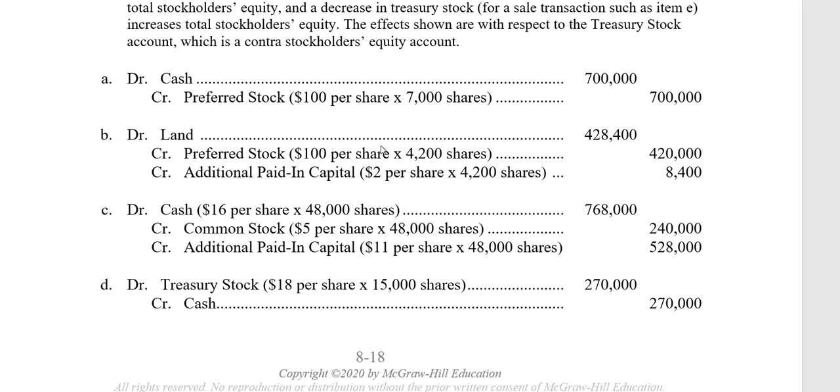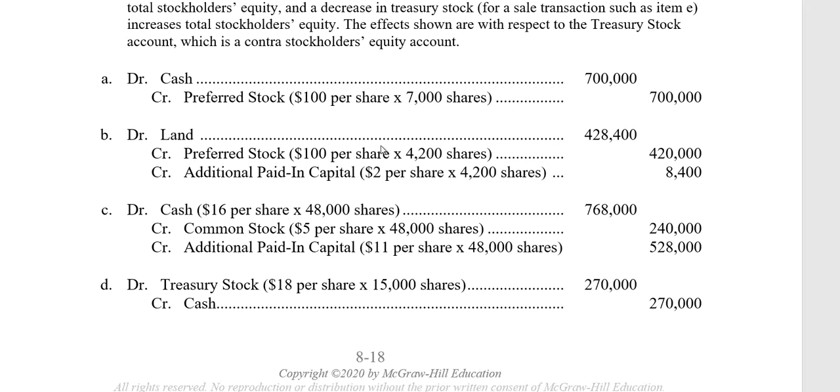Now remember, whenever there's a stock transaction, it's the fair value. If you're having a cash transaction for land, you would record land at its cost. But if you're buying land with preferred stock, then you would record it at its fair value. So that's an important point and a tested point in the author's test bank.